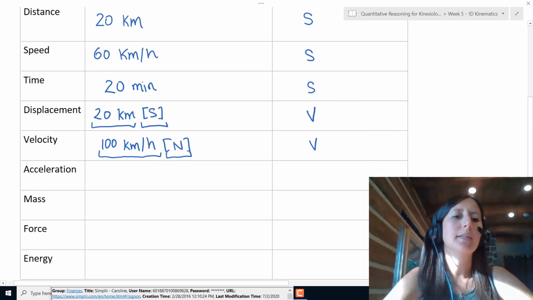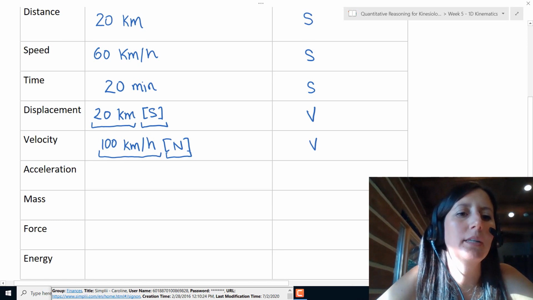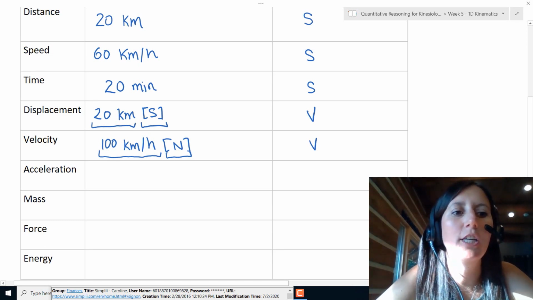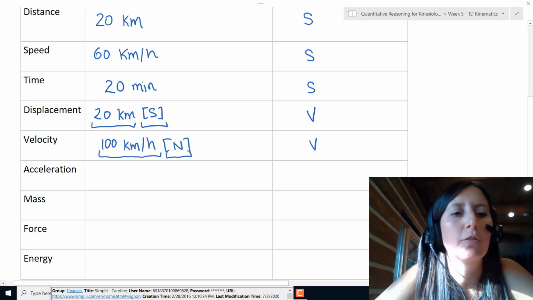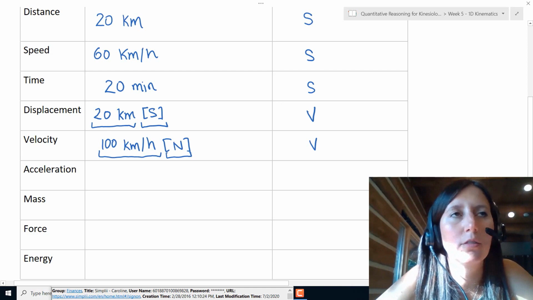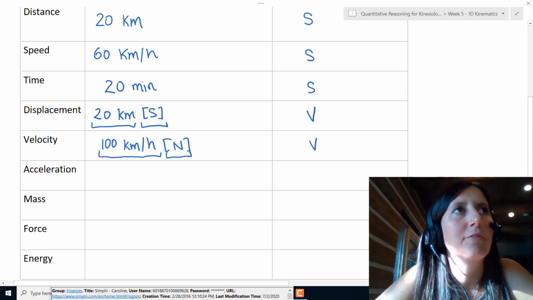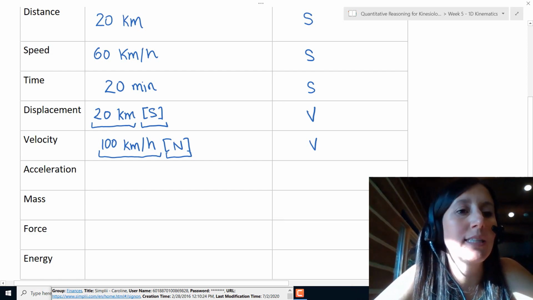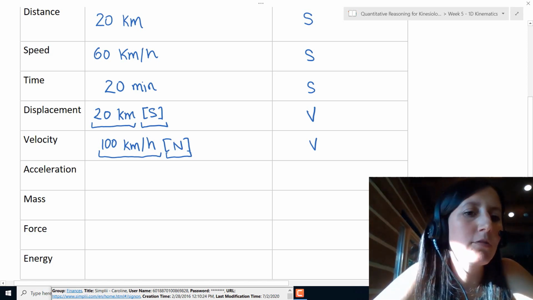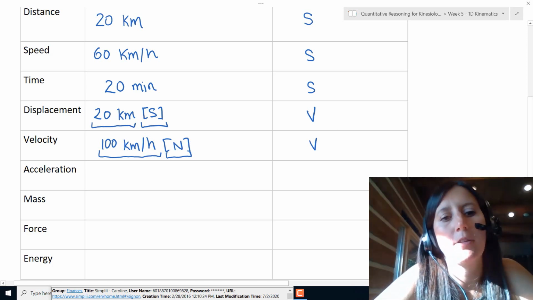Acceleration. Acceleration is how fast your speed or your velocity is changing over time. Let's say you are parked in your car, so your velocity at that moment is 0 kilometers per hour, but then after 1 second you've accelerated and you're now traveling 5 kilometers per hour. So in 1 second, your car sped from 0 kilometers per hour to 5 kilometers per hour.